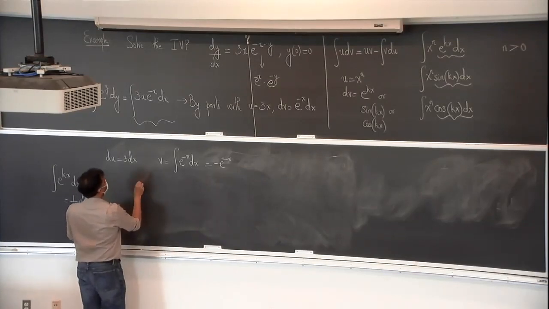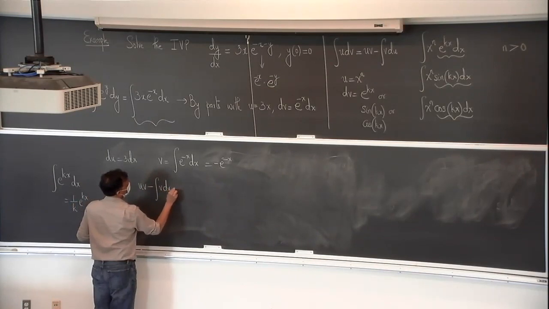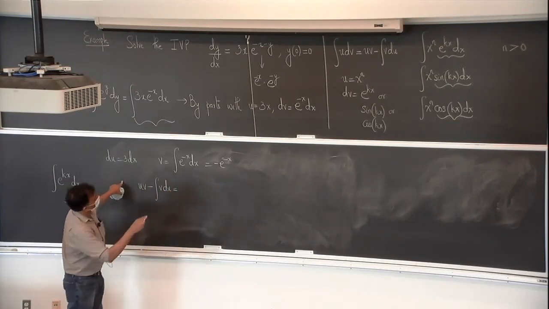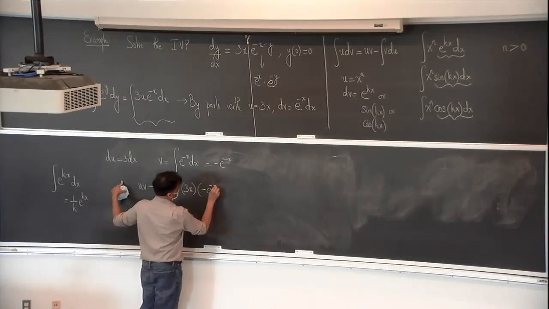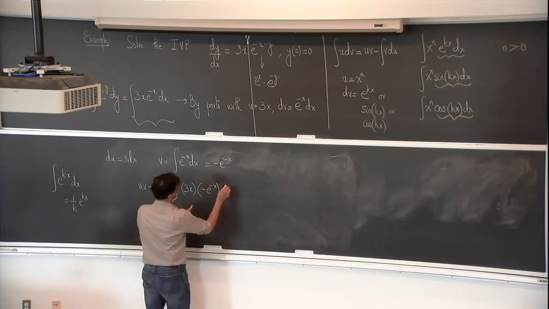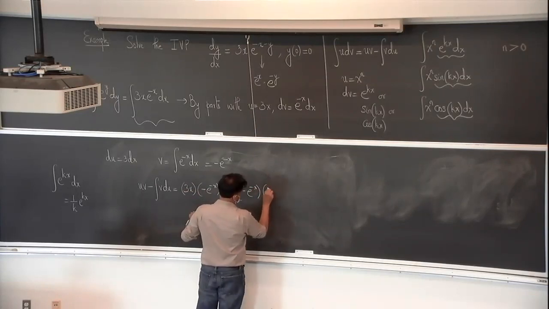So we have uv minus the integral of v du equal to 3x times negative e to the power of -x minus the integral of v, which is negative e to the power of -x times du, which is 3 dx.